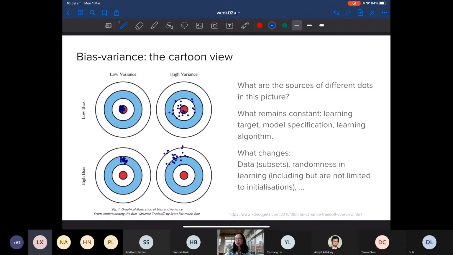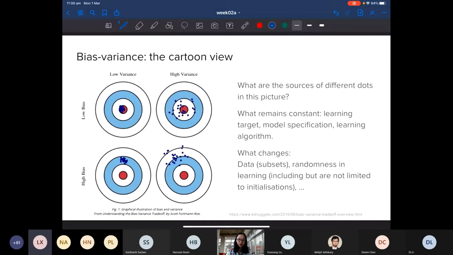On the web, there are a lot of cartoon pictures of bias and variance, and in the next 20 minutes or so, we're going to make it more concrete. Ideally, assume the red dot in this picture represents the true model that the data was generated from.